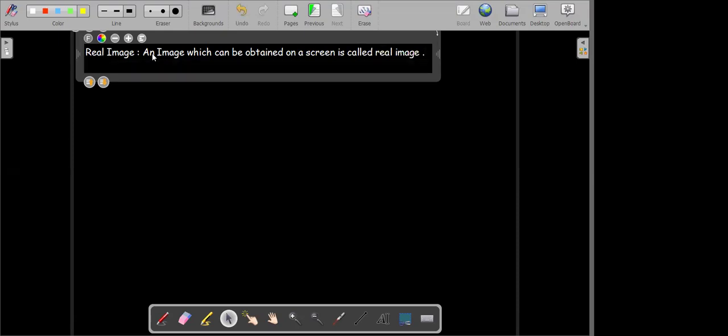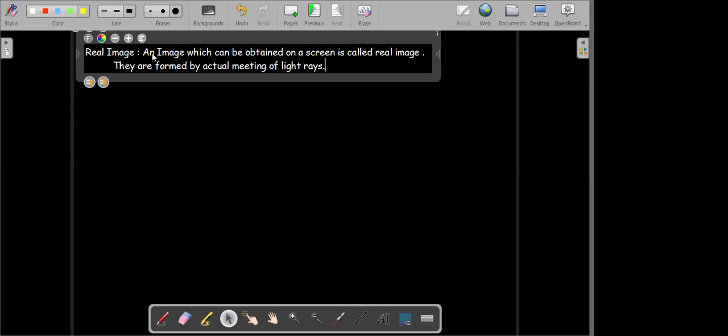How are they formed? Let's see. They are formed by the actual meeting of light rays, which we call the real image.